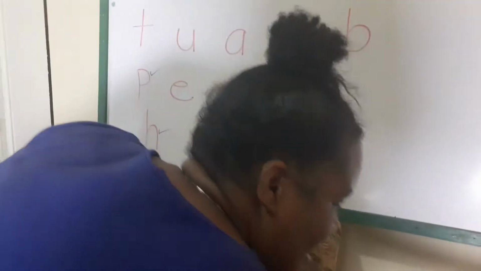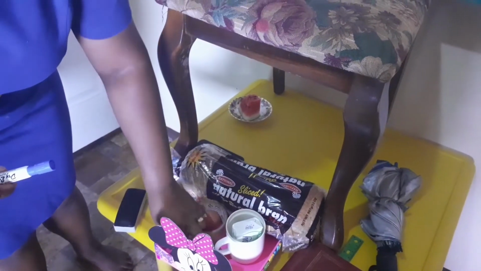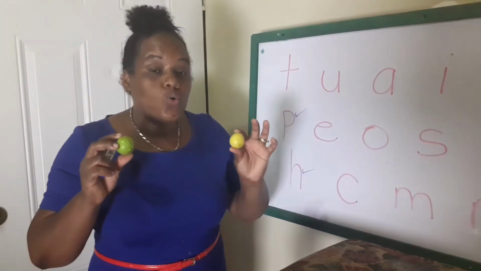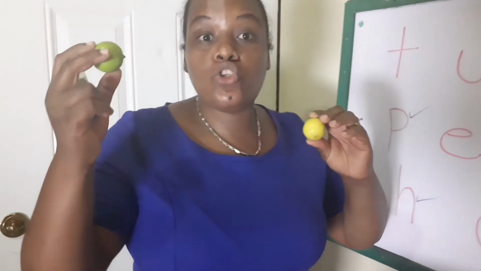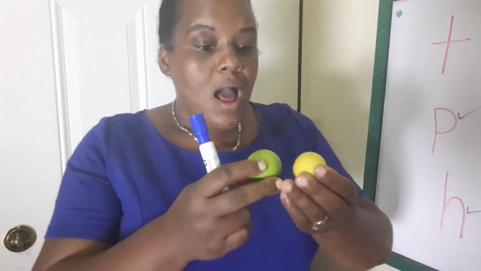What a kind Minnie Mouse. So each time we got something from little Minnie Mouse, we're going to say, thank you, little Minnie Mouse. So let's see what she has to offer again. Look what she has. 2 lines. Let's count them. 1, 2.